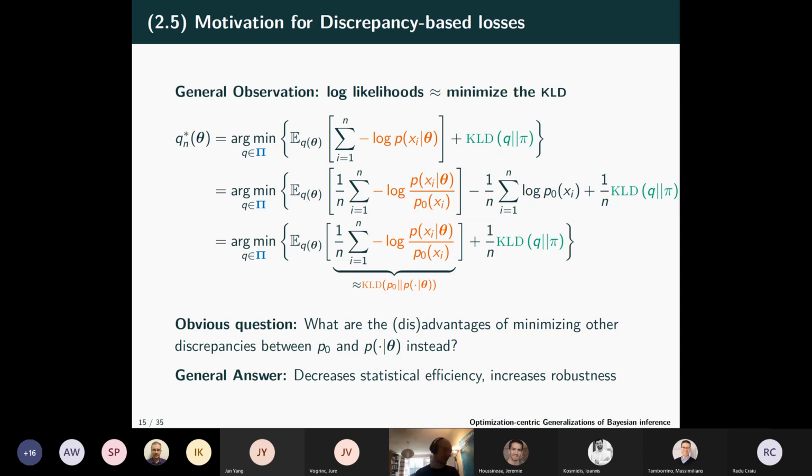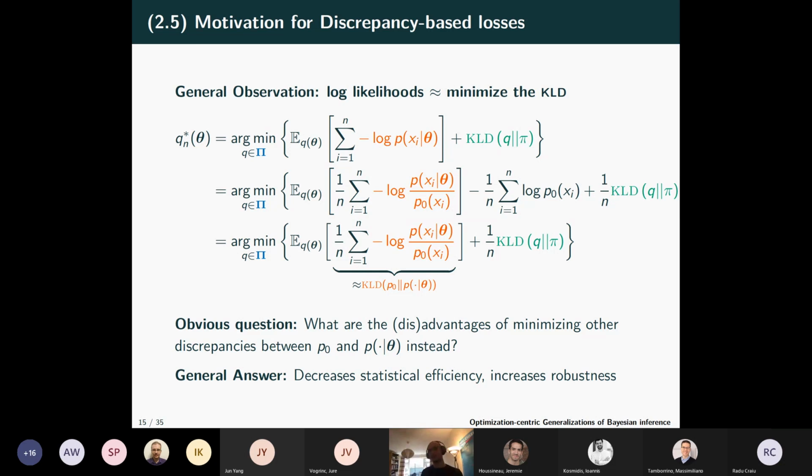So for example, you all know that the maximum likelihood estimator will be asymptotically the most efficient one under certain regularity conditions if the model is correct. And this is because doing maximum likelihood is essentially the same as using the Kullback-Leibler divergence. But the moment that your model is inappropriately specified, you may want to use a different divergence here, and that would result in a different scoring rule.